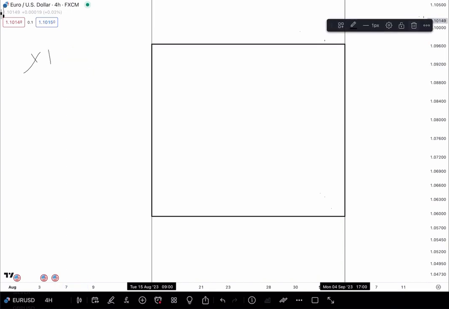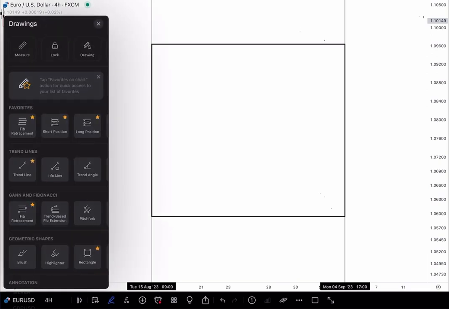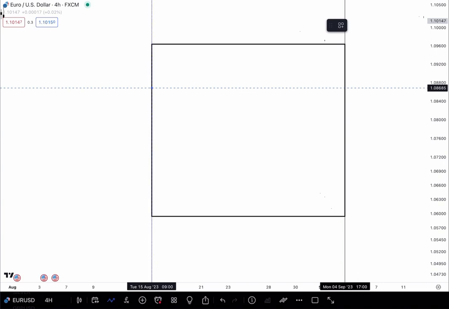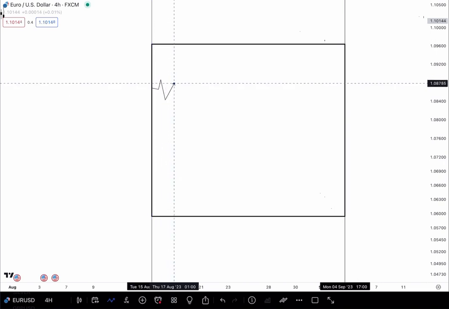Now, to put it really, really extremely raw and just the bare bones idea is open, right? Accumulation, a little bit.